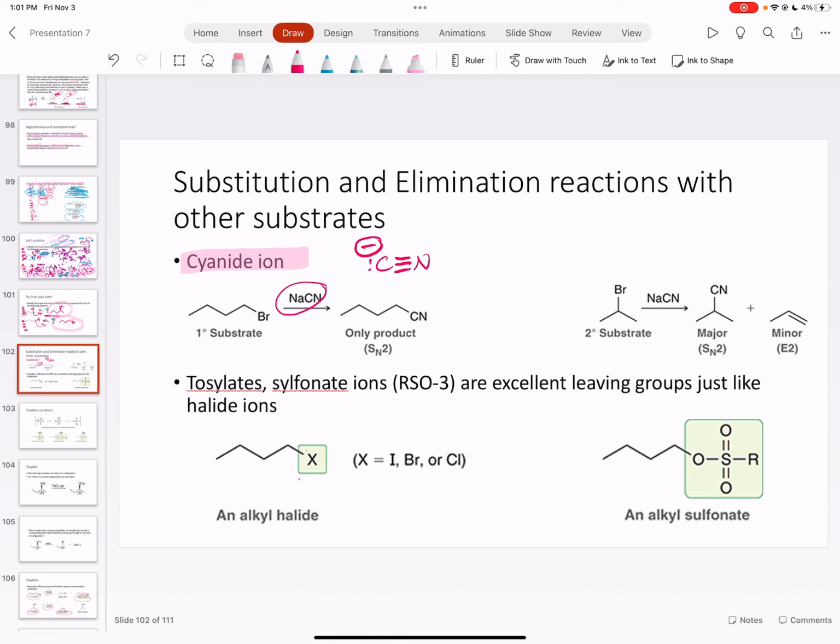So that one, as you can see, we can do a primary or a secondary substrate. When it's primary, we can get an SN2, while when it's secondary, we can have an SN2 and E2.